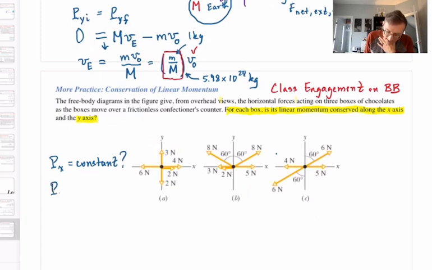Is capital P sub y equal to a constant? So for each box, A, B, and C, there are two answers you have to give. You have to tell me if P sub x is equal to a constant, and then tell me if P sub y is equal to a constant. That's your class engagement exercise.